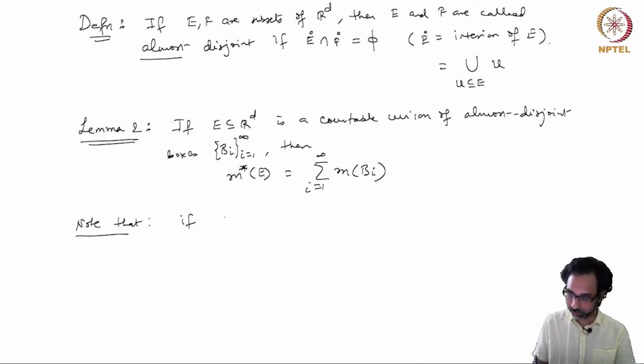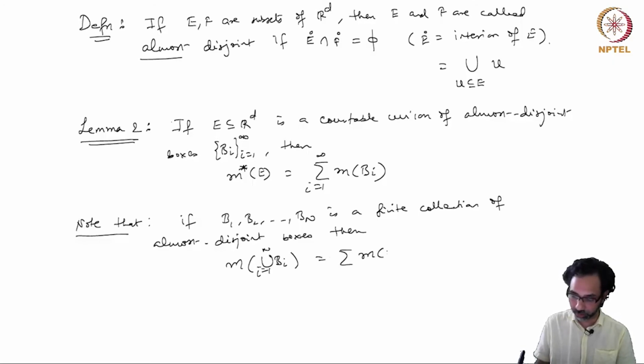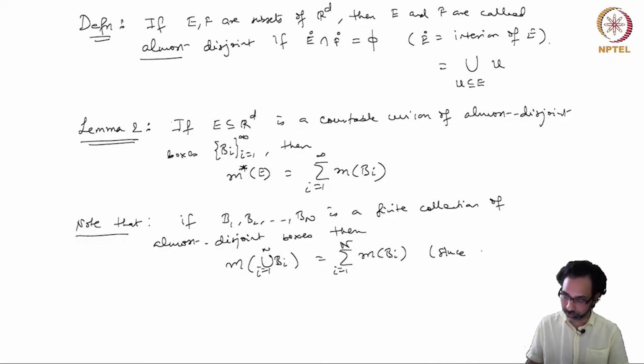So here note that if B1, B2, up to Bn is a finite collection of almost disjoint boxes, then the measure of the union of these Bi's, i equal to 1 to n, is equal to the sum of the measures of these Bi's, since the measure of the interior of Bi is the same as the measure of Bi.